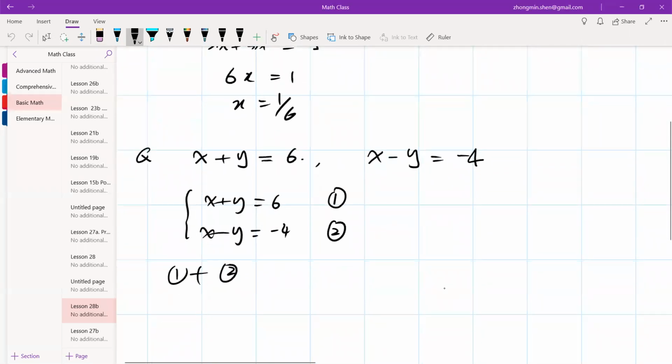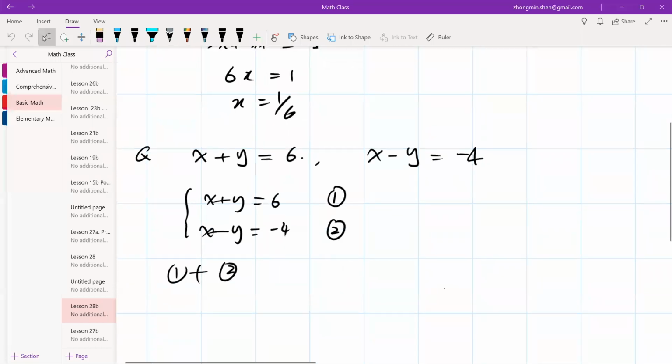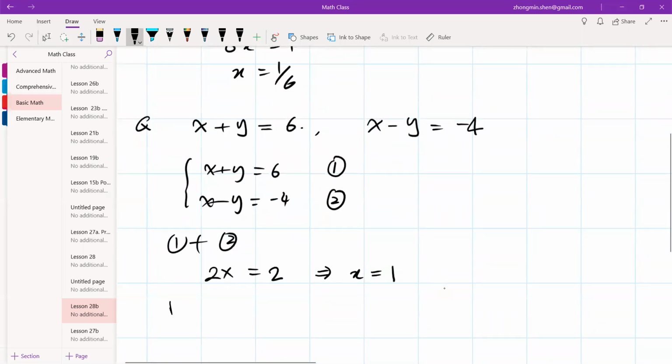You will get 2x equals 6 minus 4, which is 2, so x equals 1. Once you get x equals 1, you can use either equation to get y. 1 plus y equals 6, then y is going to be 5.